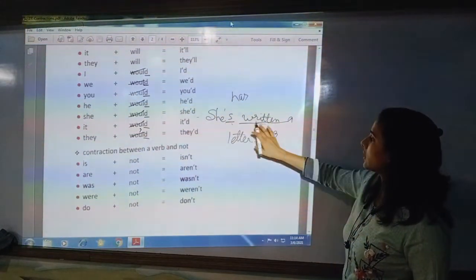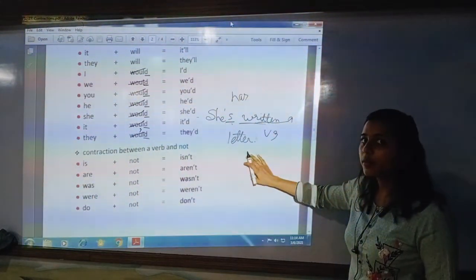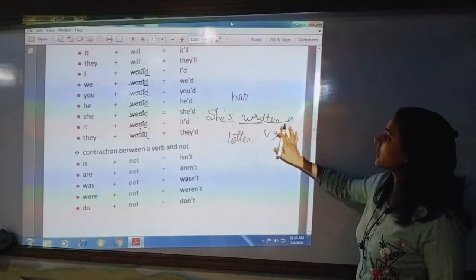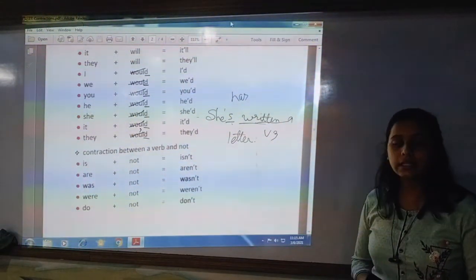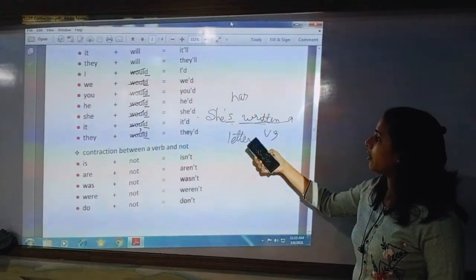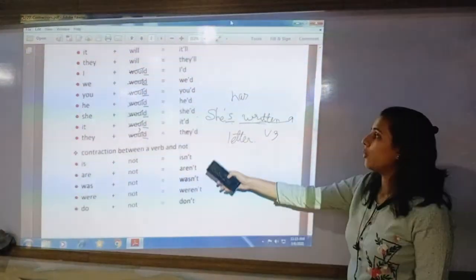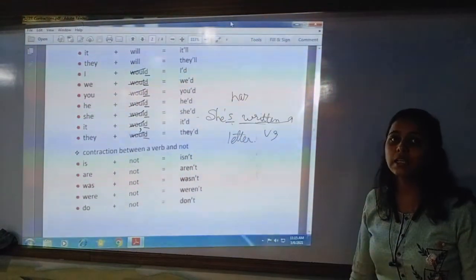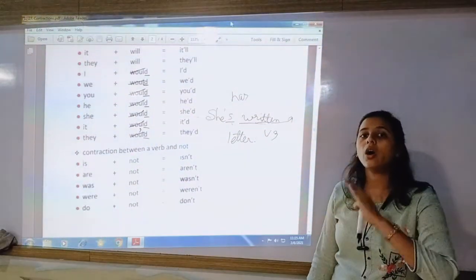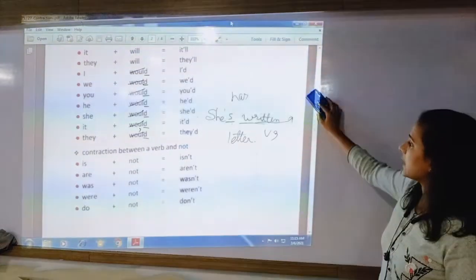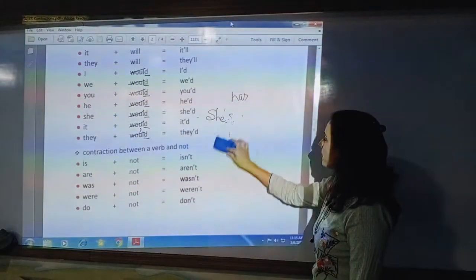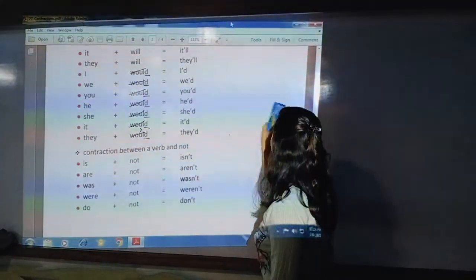She has written a letter will be written as she's written a letter. So in this way, by understanding the verb form, you can understand whether the apostrophe S is given for is or has. Same, let us understand the example of had and would.